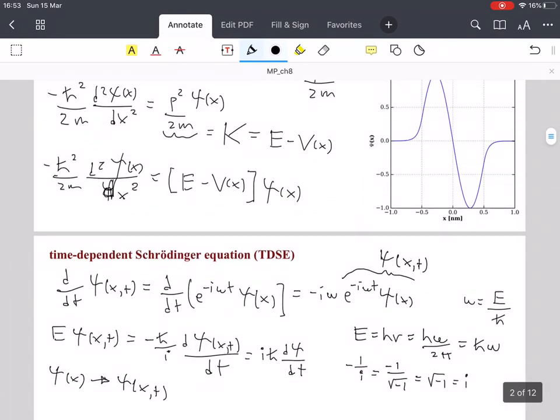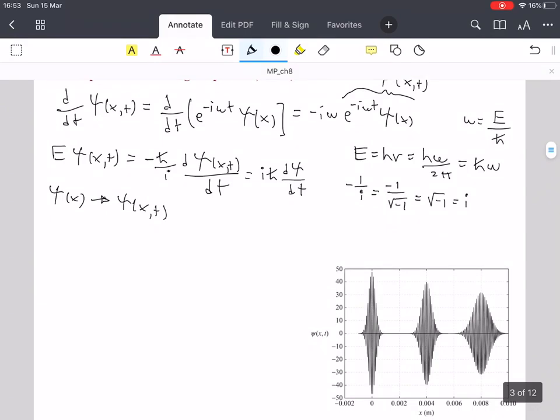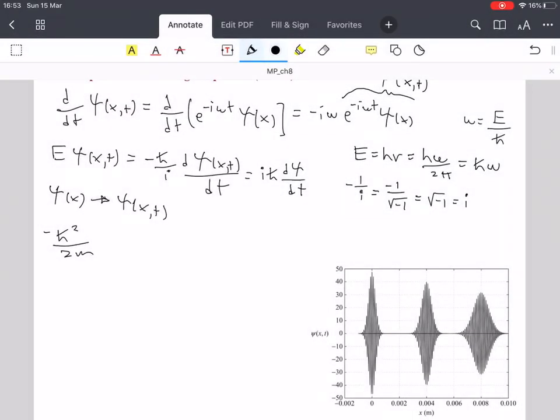If we go back and use this relation that we had, we can write this out as negative h bar squared over 2m multiplied by the second derivative with respect to x squared, and that's equal to, now we have this term, we're replacing E psi with i h bar d psi over dt, and then we still have the minus the potential energy times psi.